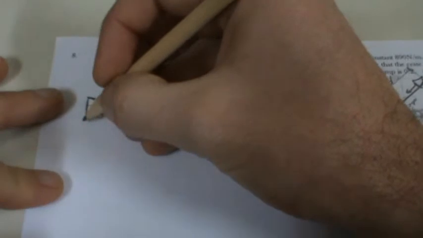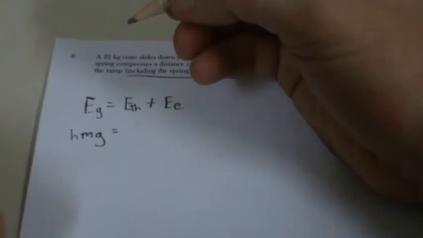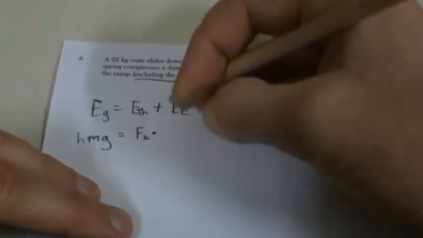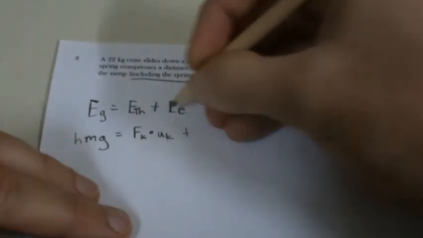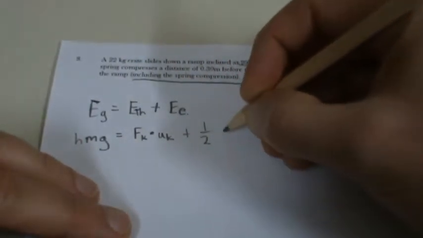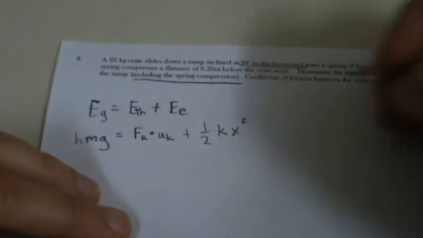If I figure out this, the height of this object is h, its mass and gravitational energy is mgh. That's the formula for gravitational energy. Thermal energy is force of kinetic friction times delta d, and the elastic energy is 1/2 kx squared, and I know that x is 0.3.